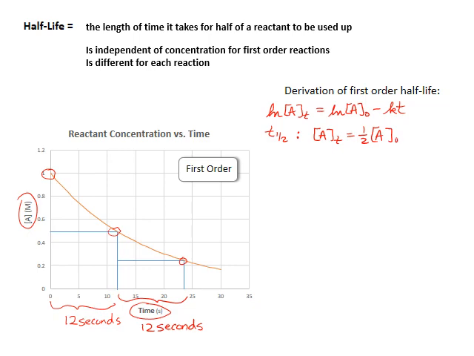So we can plug these into the above equation. Specifically, for the concentration of A at time t, I'm going to plug in 1/2 the initial concentration of A. I'm going to combine the natural log terms.